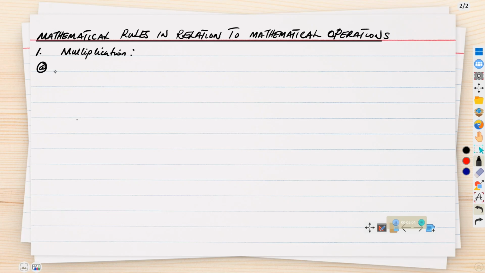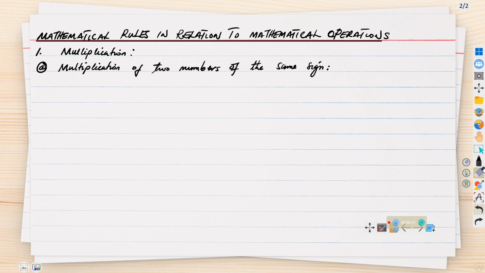A, we'll look at multiplication of two numbers of the same sign. So we are looking at multiplication of two numbers of the same sign.